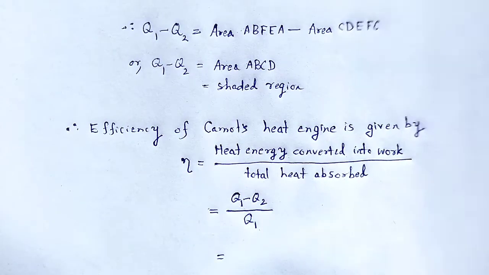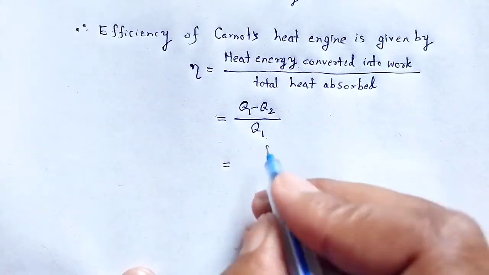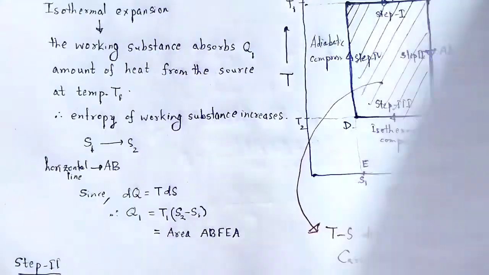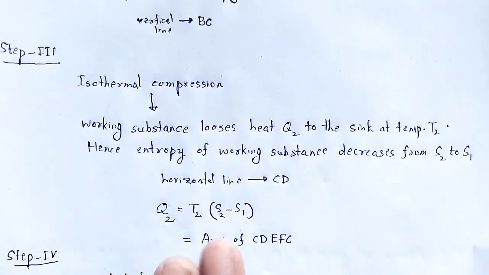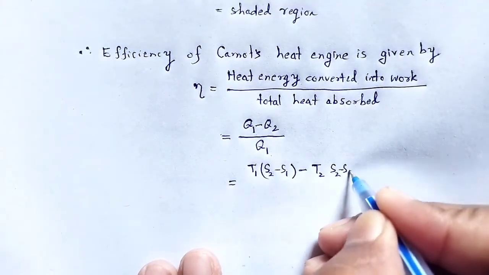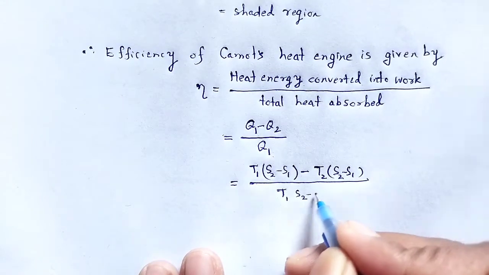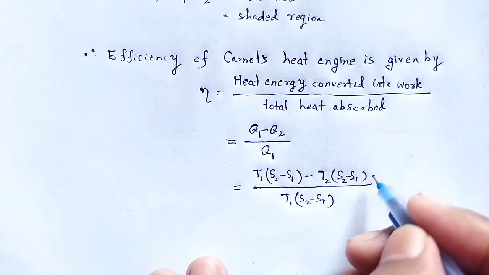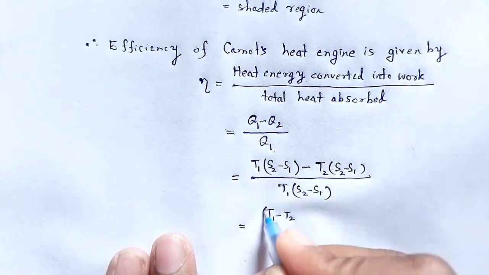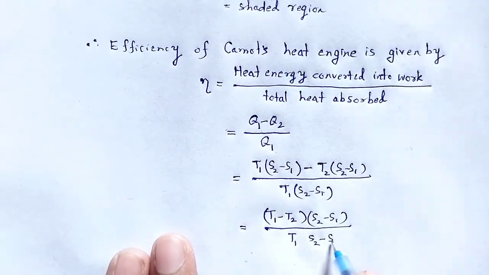In place of Q1 I substitute T1 into S2 minus S1, and in place of Q2 I substitute T2 into S2 minus S1, divided by T1 into S2 minus S1. In the numerator we take S2 minus S1 common, giving T1 minus T2 times S2 minus S1, divided by T1 times S2 minus S1.